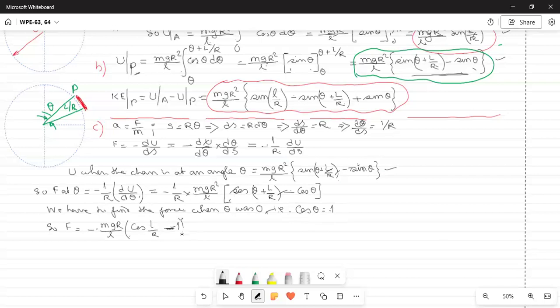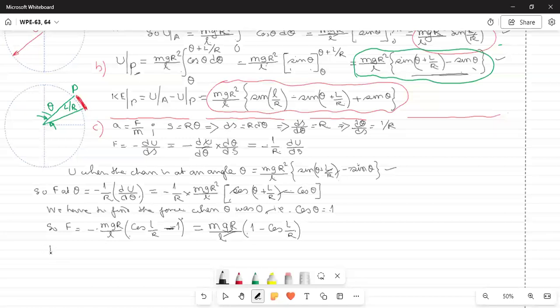There is a negative sign outside. So we write m g r divided by L multiplied by 1 minus cos L upon r.